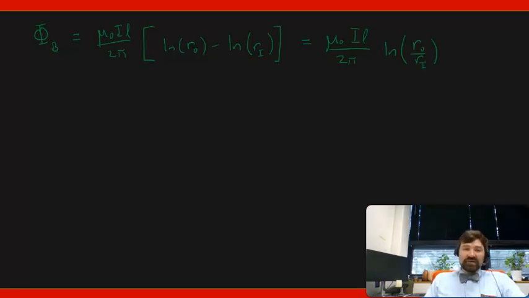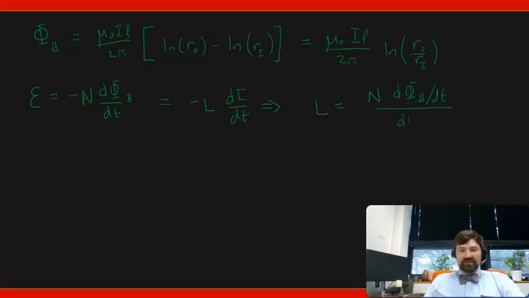Now recall that epsilon is equal to negative N times d phi by dt, and that is also equal to negative L times di by dt. Okay, so putting these things together, L should look like N times d phi b by dt divided by di by dt.